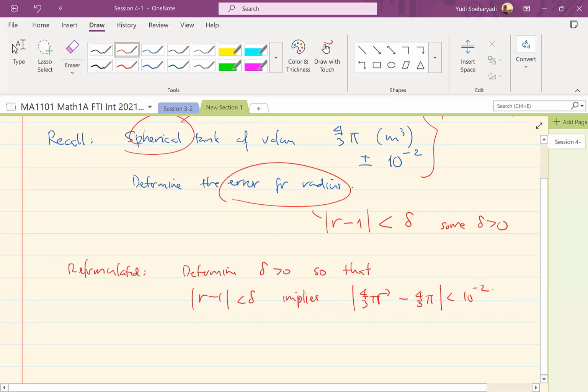Okay, so this is the generic problem that we have for the next couple of minutes. Rigorous study of limit.